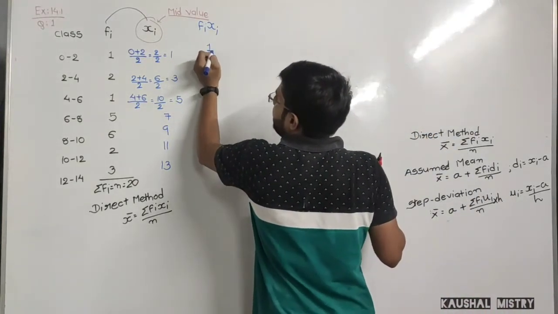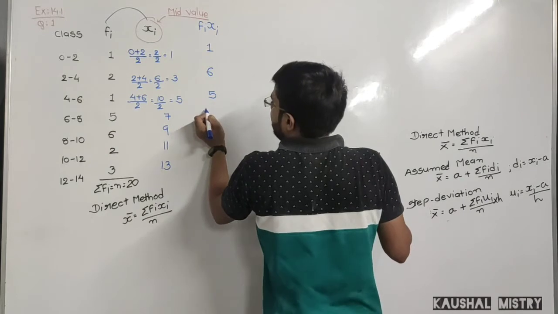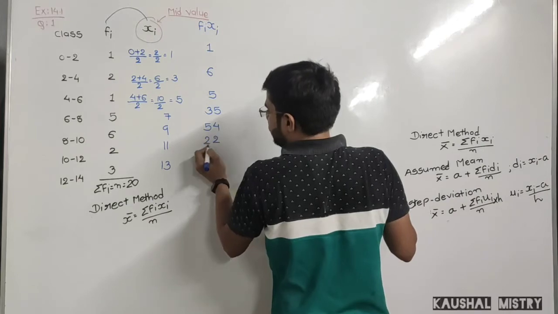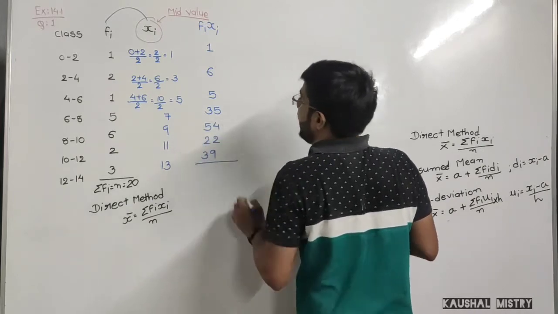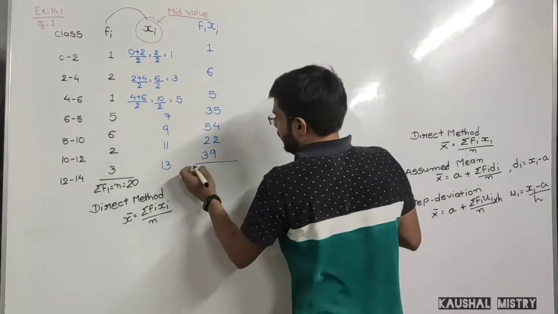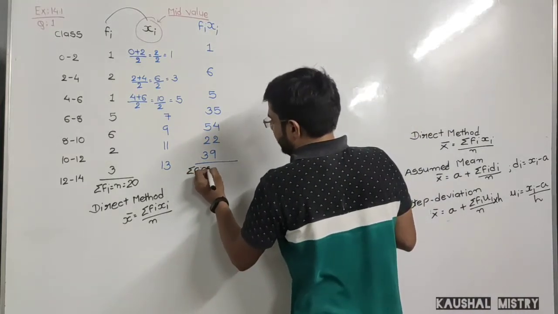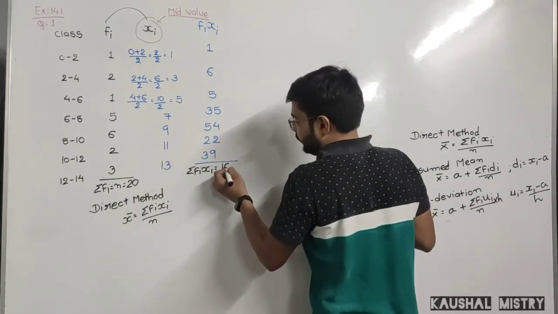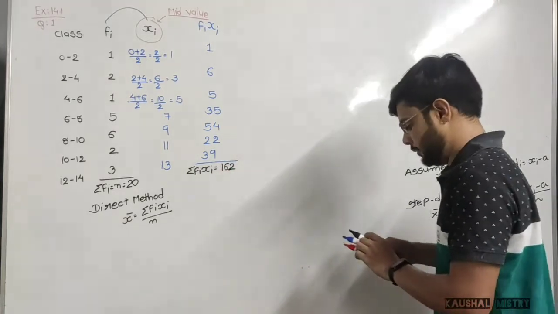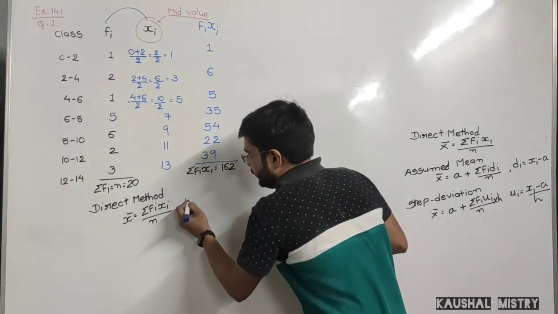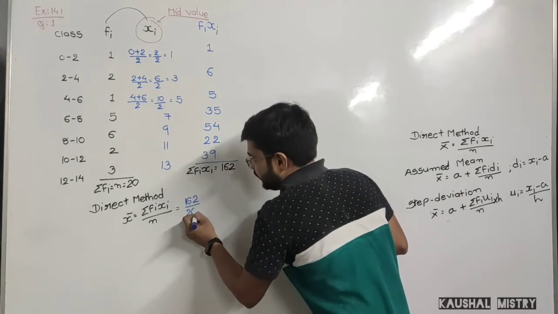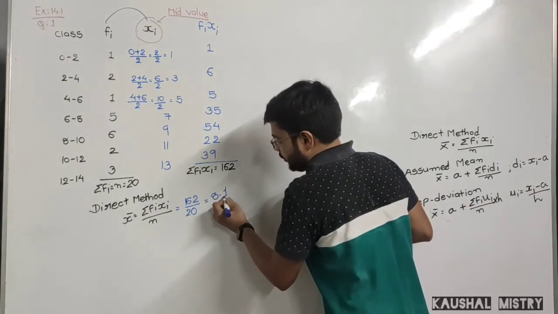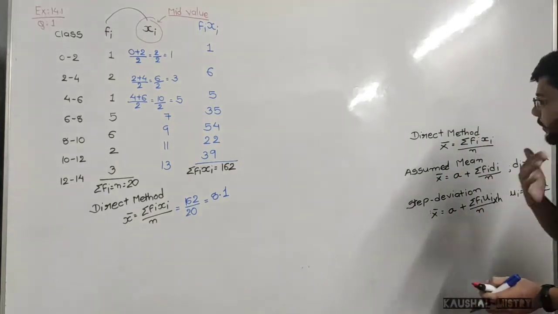So this will be 1, 6, 5, 35, 6 nines are 54, 22, 39. If you add these, sigma fi xi is equal to 162. So this will be 162 divided by 20, and the answer will be 8.1. You know how to do this division.